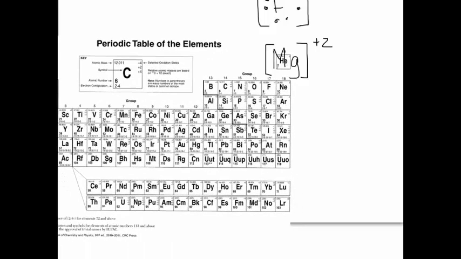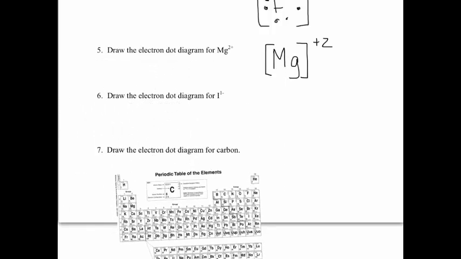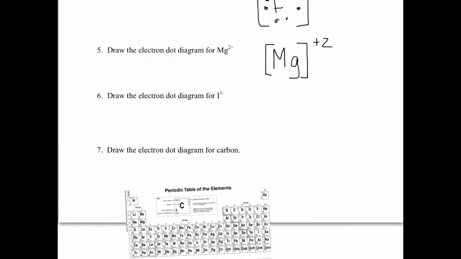Iodine is element 53, and it has a valence number of 7 typically. But for this one, we have a negative 1 charge, so it must have gained one of those negative charges or electrons. So we add in an extra, and then don't forget our brackets and our charge.